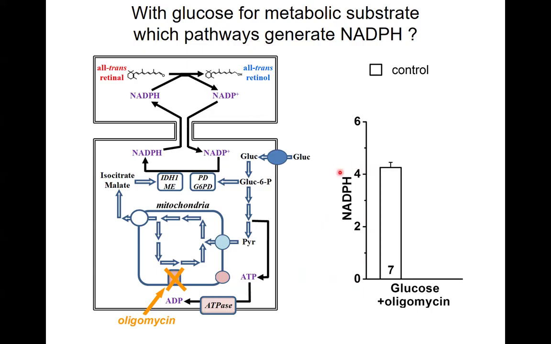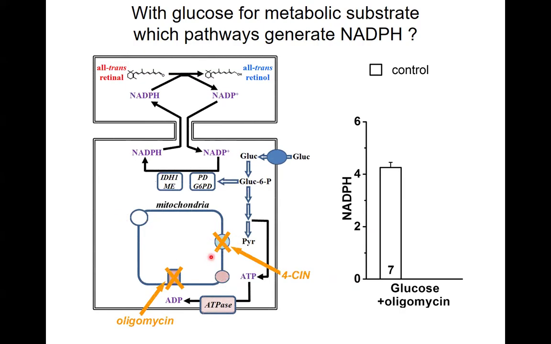Then we go ahead and knock out the pyruvate transporter with 0.1 millimolar alpha-cyano-4-hydroxycinnamide. At higher concentrations, it will inhibit the monocarboxylate transporters as well, but at 0.1 millimolar, it seems to be working well.